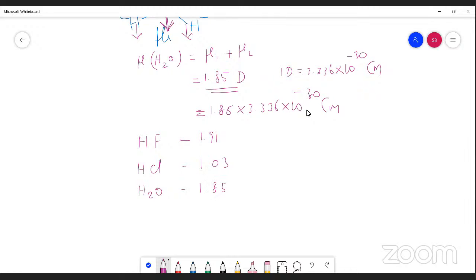In ammonia, a heteronuclear polyatomic molecule with nitrogen and hydrogen, the dipole moment is 1.47. In chloroform, CHCl3, the dipole moment is 1.04.